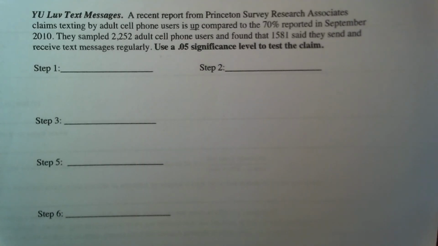Well, the first thing is you want to make sure that the requirements are satisfied to even perform a hypothesis test. And so we know it's a simple random sample. And the sample size is certainly less than 5% of the population size, so the assumption of independence is satisfied.